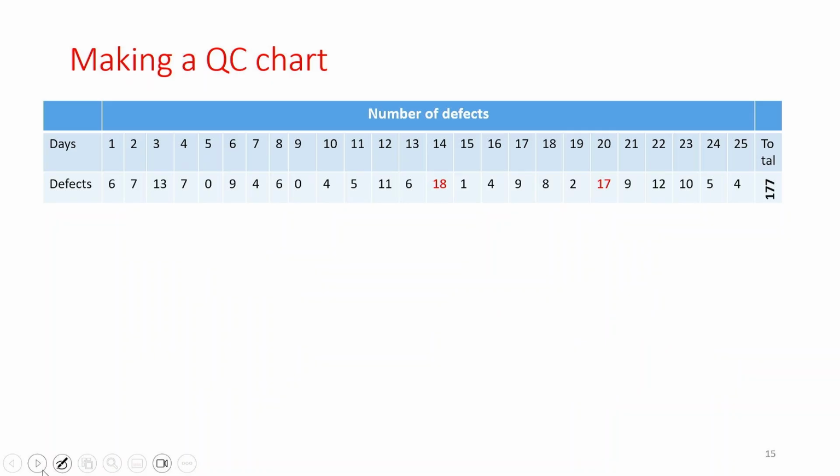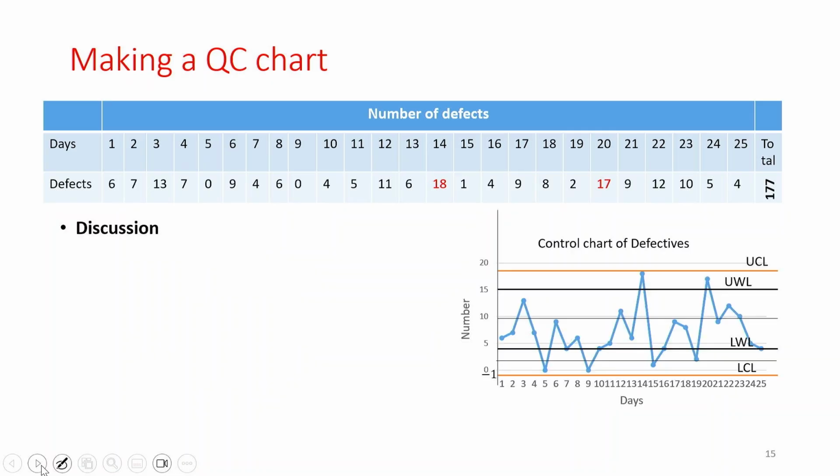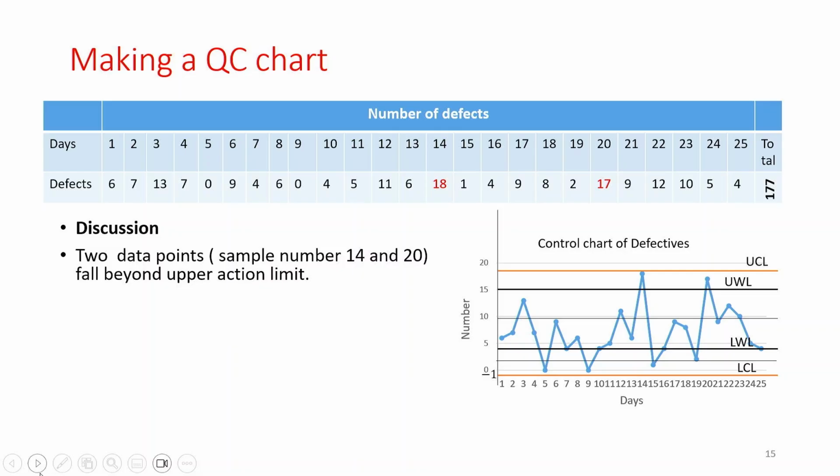So this is how we plot, and then if we want to interpret the results: 2 data points fall beyond the upper action limit or upper control limit, whatever you say. It is necessary to find out any assignable causes on those days.